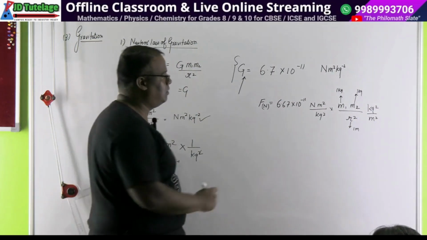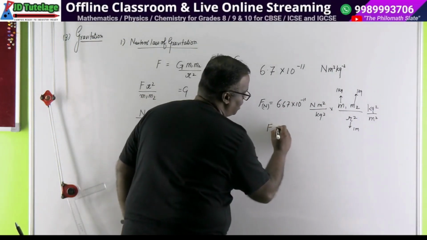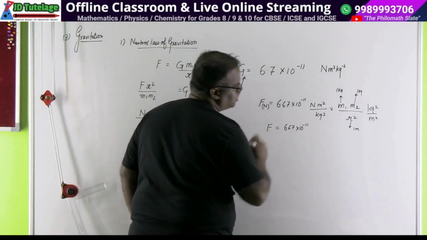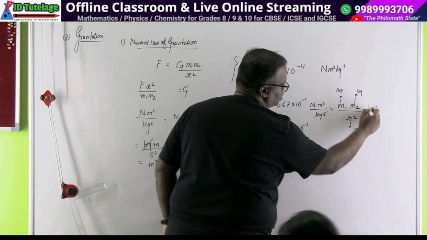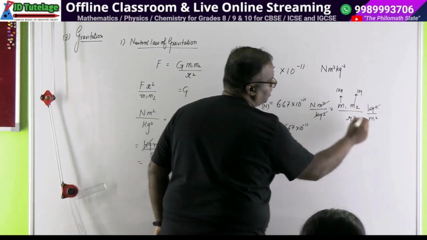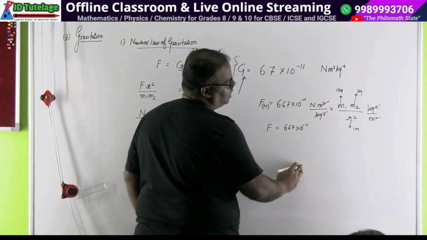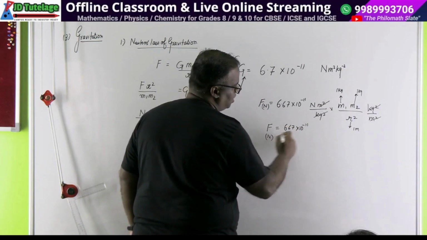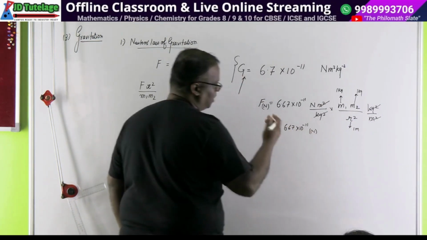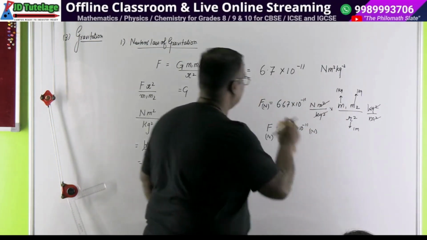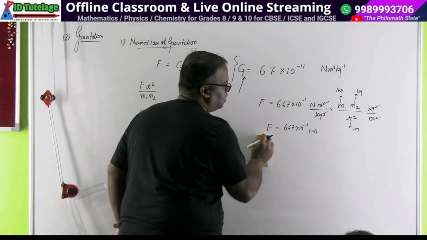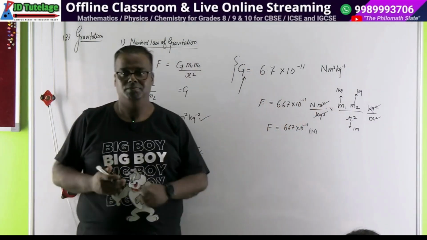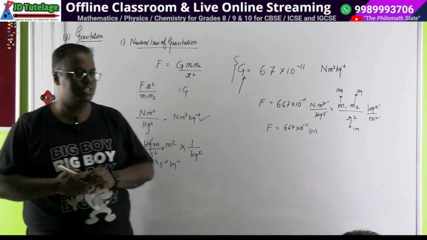Now see how the definition becomes: F is equal to 6.67 into 10 to the power -11, kg square cancelled, meter square cancelled, and nothing else remains. So on this side also F is measured in Newton, this also came in Newton, simple. And if you want, you can leave this, so many newtons. Are you now able to define what is G? Can you now define what is G?